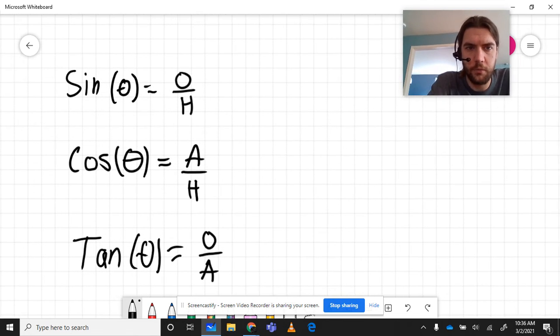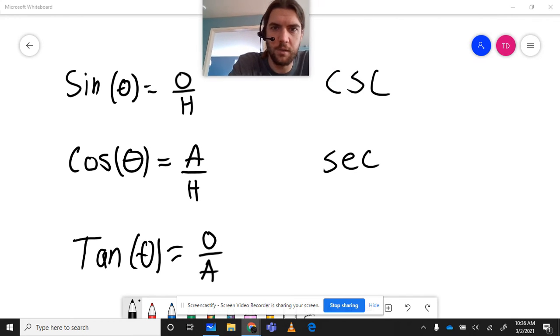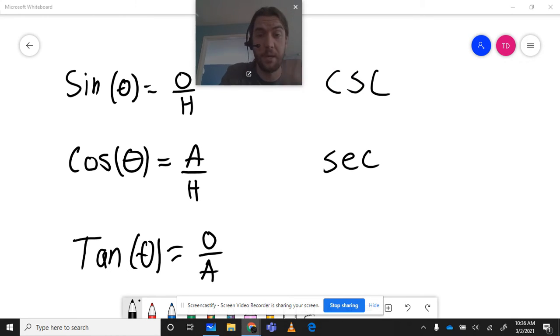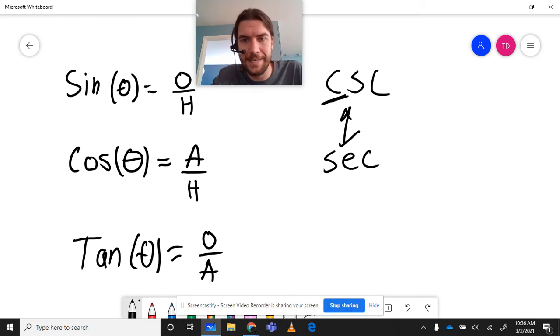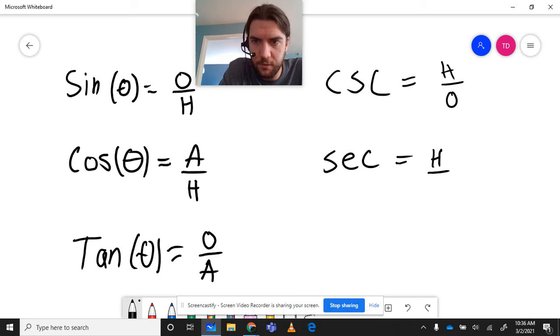So I believe sine goes with cosecant, and cosine goes with secant. These are ones that I think most of our intuition is going to pair the opposite way, so that co goes with co, but that's not the right way. So cosecant would be hypotenuse over opposite, and this one would be hypotenuse over adjacent, whereas cotangent is going to be adjacent over opposite.